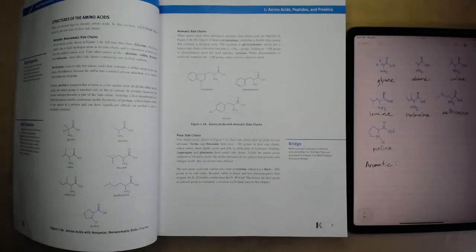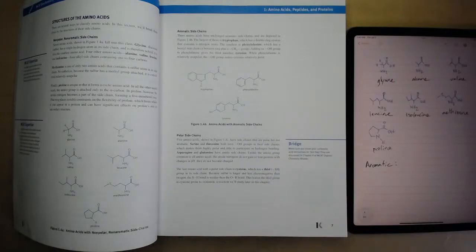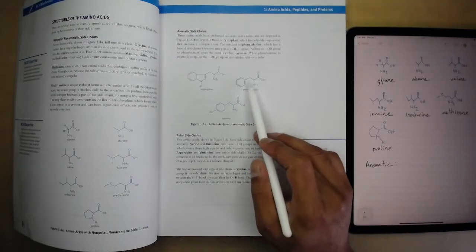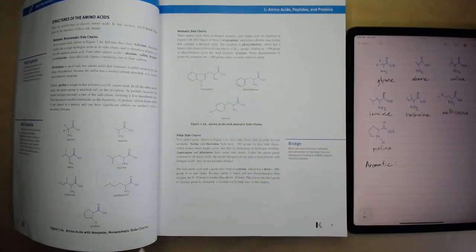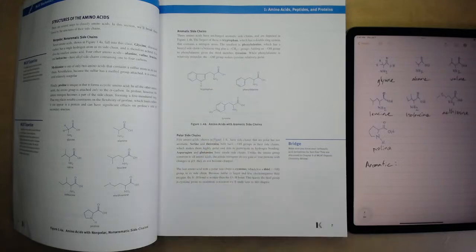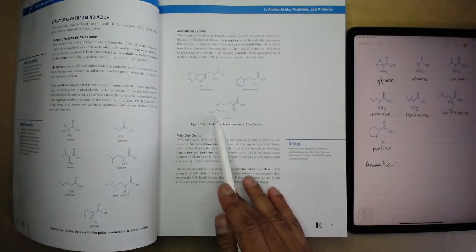The smallest is phenylalanine, which has a benzyl side chain, benzene ring plus a CH2 group. Adding an OH group to phenylalanine gives the third member, tyrosine, which has a hydroxyl group on the ring. While phenylalanine is relatively nonpolar, the hydroxyl on the tyrosine makes it polar.